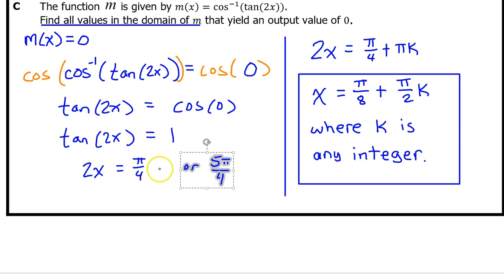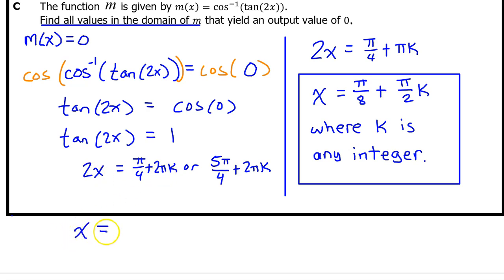So right here I could say pi over 4 plus 2 pi k, or 5 pi over 4 plus 2 pi k. I did not have to simplify this down to just pi over 4 and then multiples of pi. It's equally valid to keep these separate, and if you do it this way, you always add 2 pi k. This always works. And then on the next step, we would divide both sides by 2.